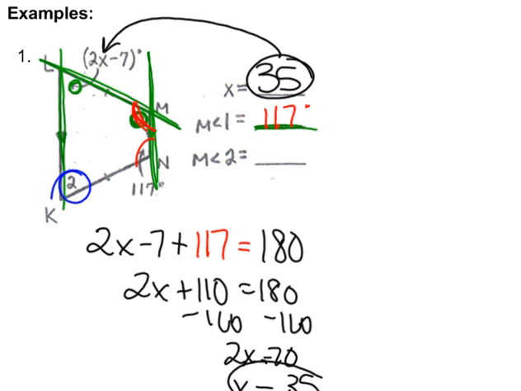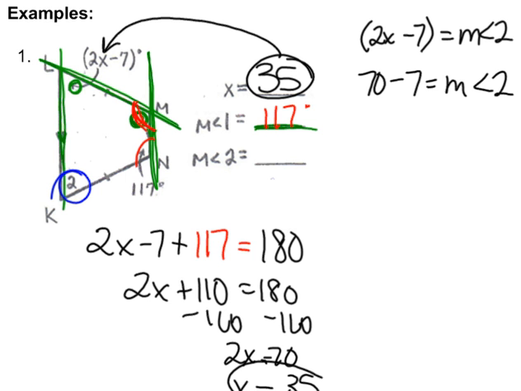So 2x minus 7 equals the measure of angle 2. All right. So I'm going to plug in the 35, so that's 70 minus 7 equals the measure of angle 2. So 70 minus 7 is 63 equals the measure of angle 2. So the measure of angle 2 is 63 degrees.